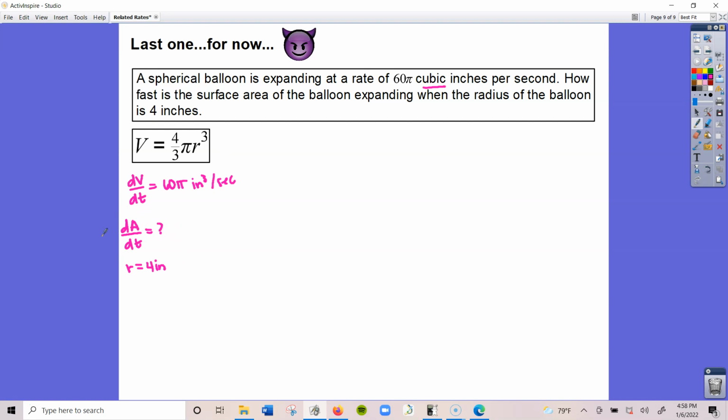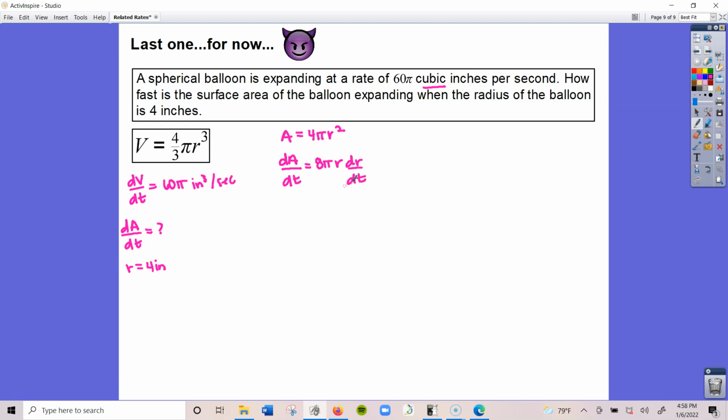So let's start here with what we're looking for and then see why we were given this dV/dt. The surface area of a sphere, just like we did in the previous question, is A equals 4 pi r squared. So I want to see what the dA/dt is. That's what I'm solving for. So dA/dt is going to equal 8 pi r dr/dt.